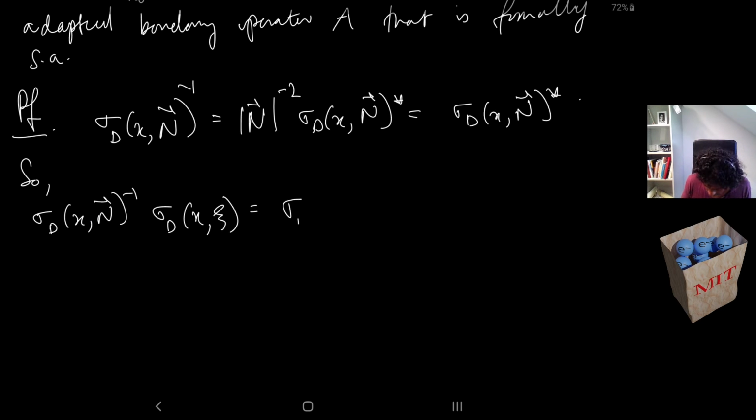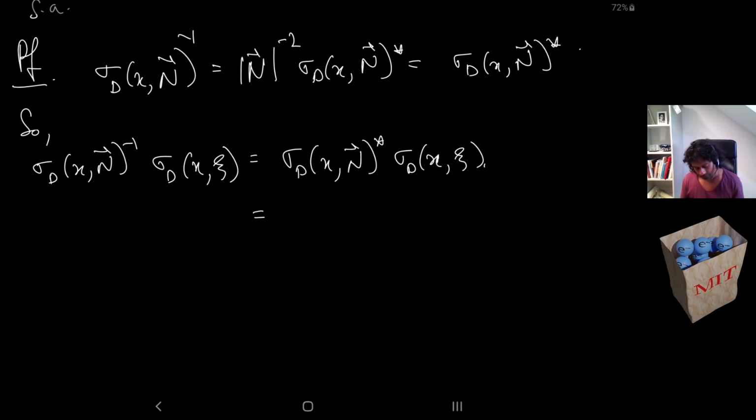So this is going to be the symbol of D at N, star, times the symbol of D at psi. And from what we had from the Clifford relations, this is exactly negative the symbol at psi, star, times the symbol at N, and now we have an extra term, right?